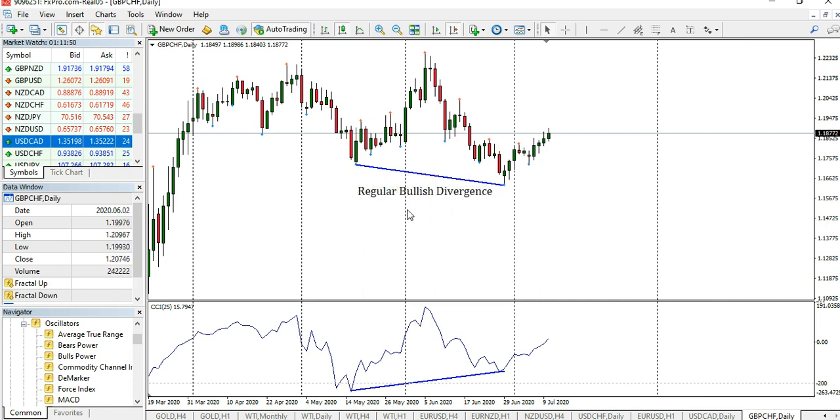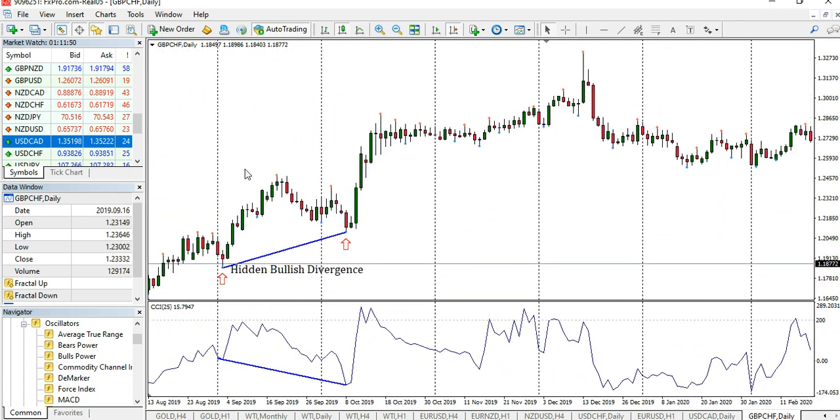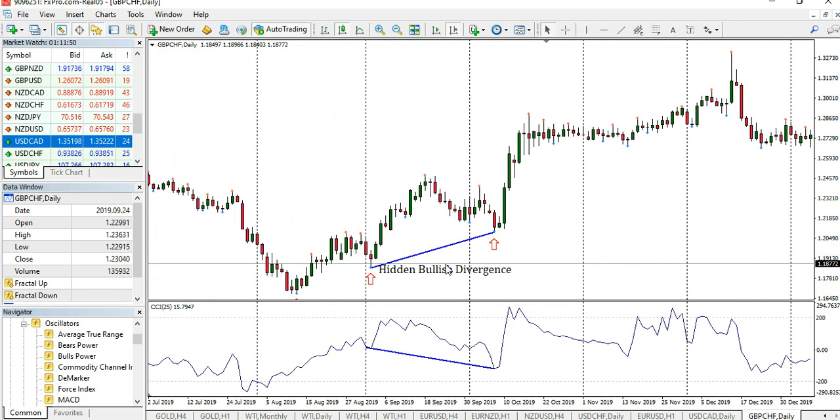Once you have identified the divergence by comparing the lows, it's going to be a bullish divergence. It is a regular or a classic bullish divergence if you move from a low to a lower low on the price chart, and it is a hidden bullish divergence if you're moving from a low to a higher low.